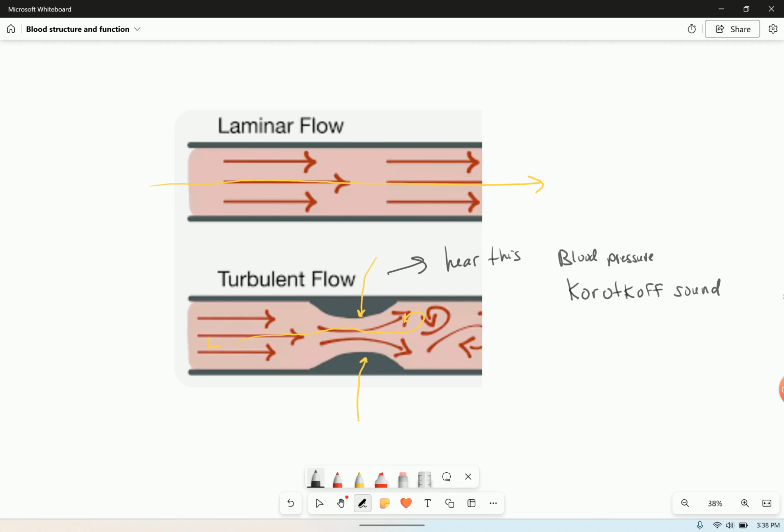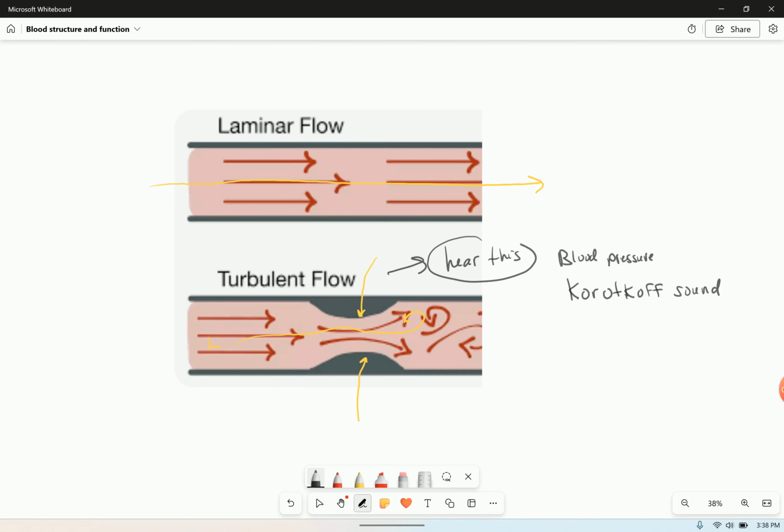It's named after the person that found it, Korotkoff. So when you are taking someone's blood pressure and you're listening with your stethoscope and you start to hear this sound, you are hearing a turbulent sound, but because it's done through blood pressure, it's called the Korotkoff sound.